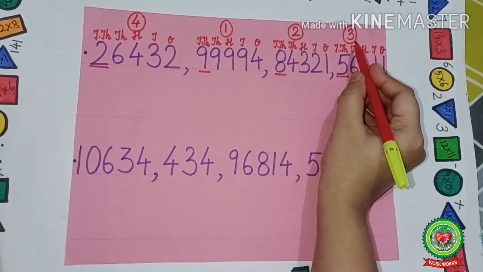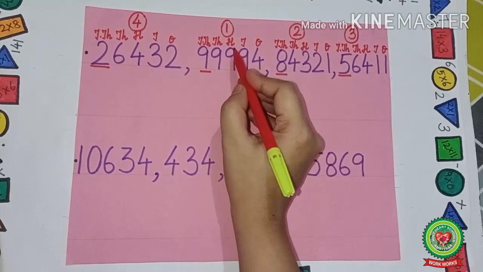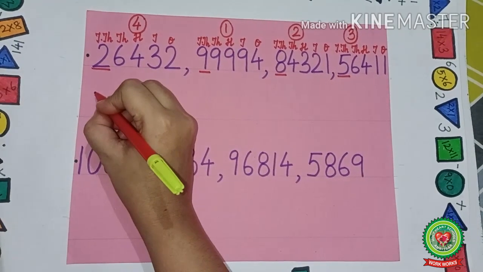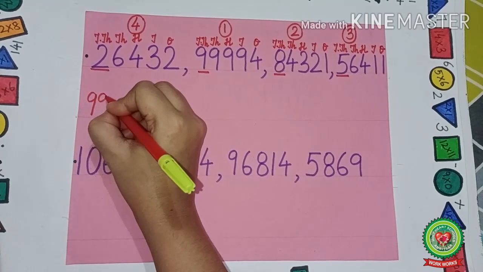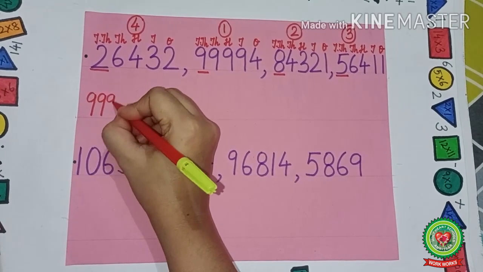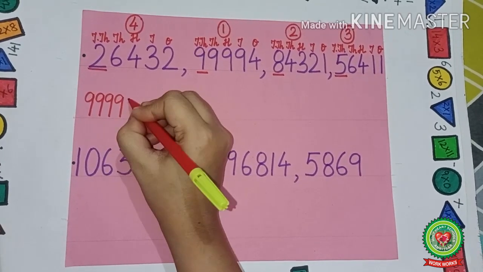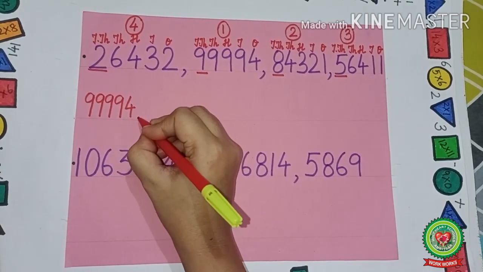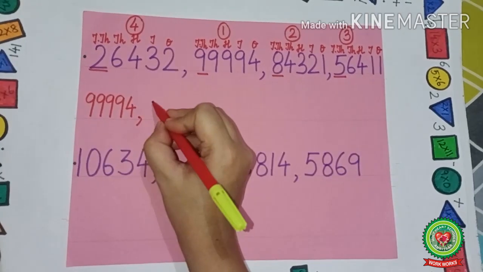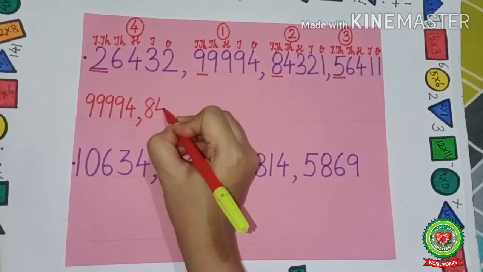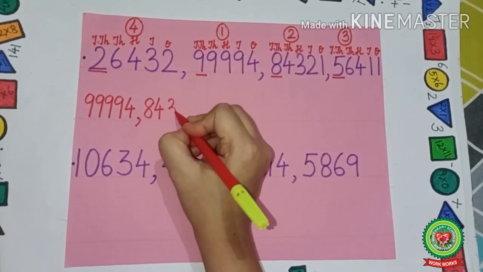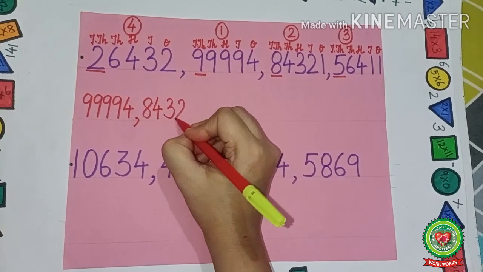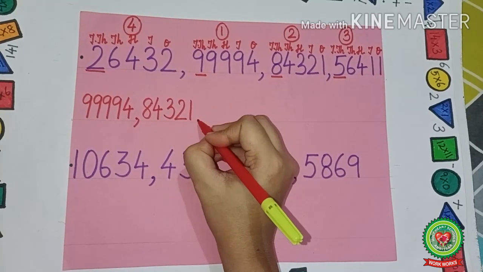Now according to this order we will write the answer. First one is this one. So we will write over here 99,994. Next is this one. So 84,321.